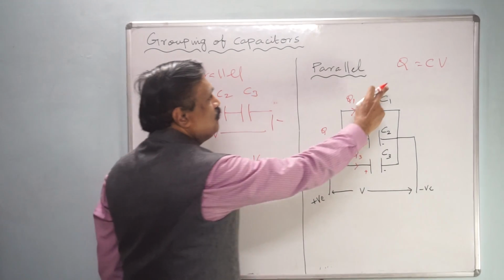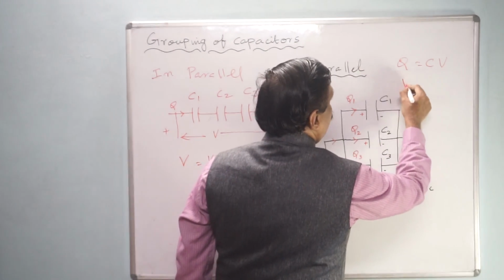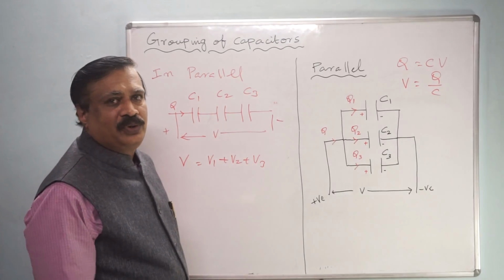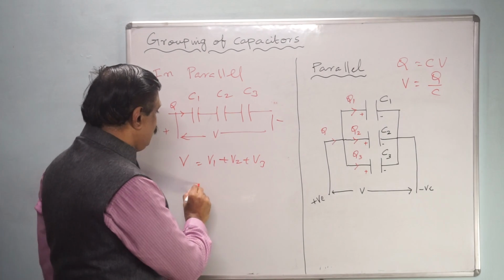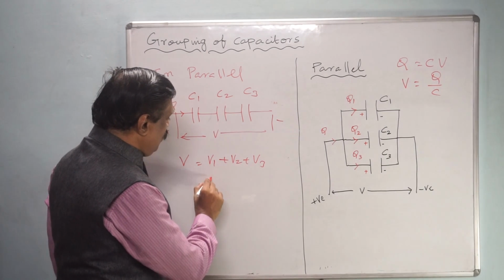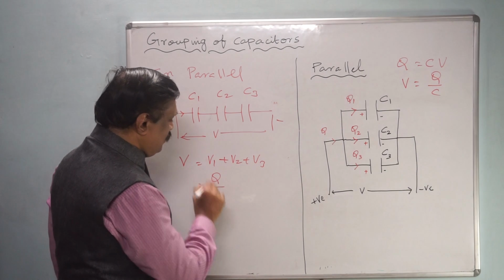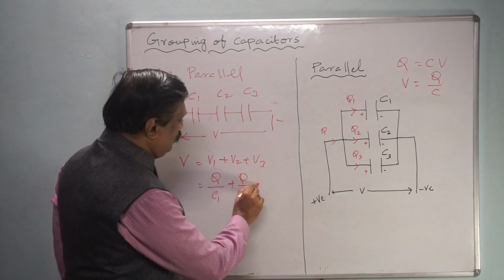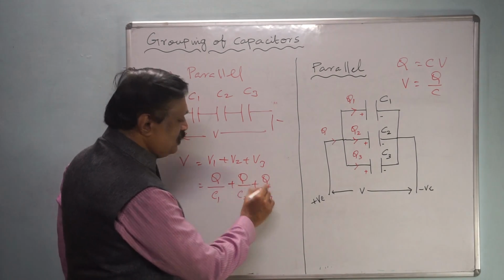What is our formula? Q is equal to CV. Therefore, V is equal to Q by C. Therefore, Q is same. Therefore, V equal to Q by C1 plus Q by C2 plus Q by C3.